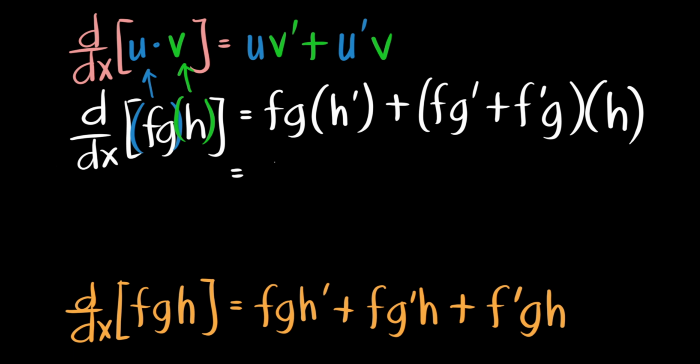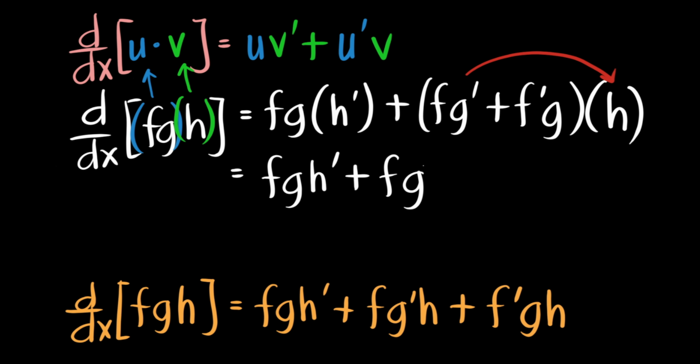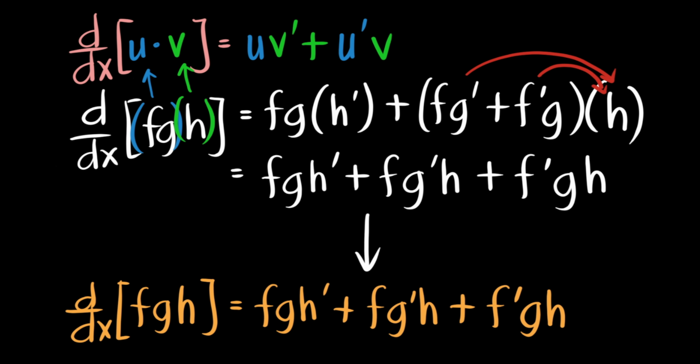We have f g h prime plus f g prime times h, which is f g prime h, plus f prime g times h, which is f prime g h. This will be the formula that we're going to use whenever there are three functions involved.